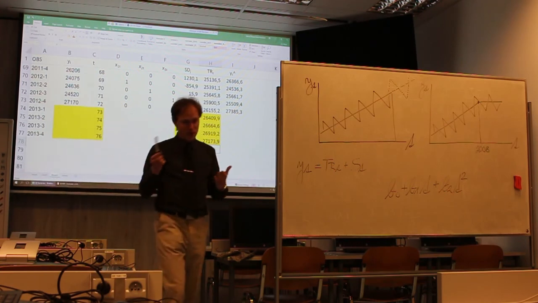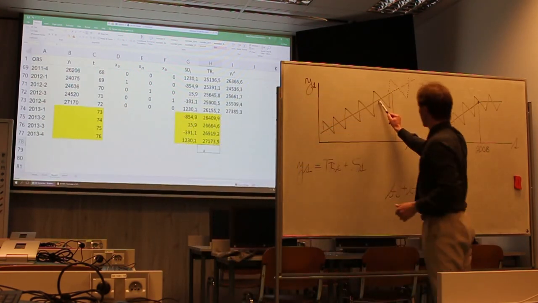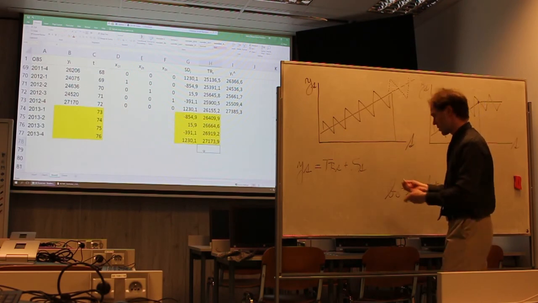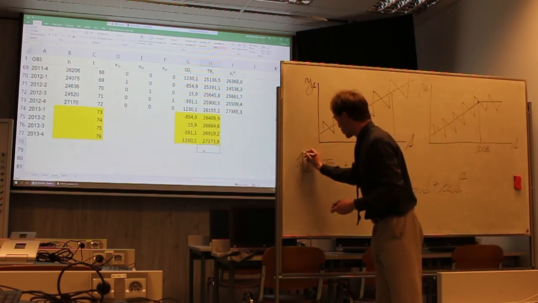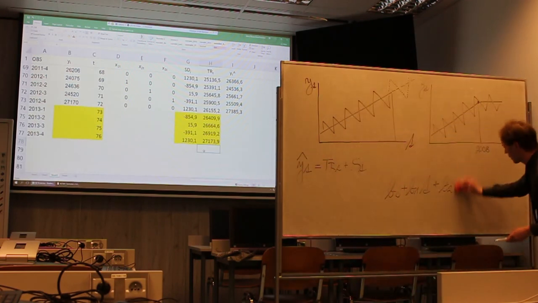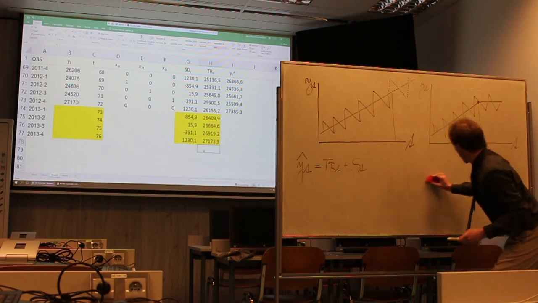And trend and seasonality are the forecast. So you can use hat. Trend and seasonality is the forecast.